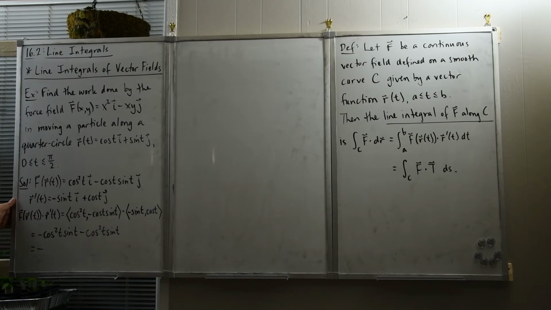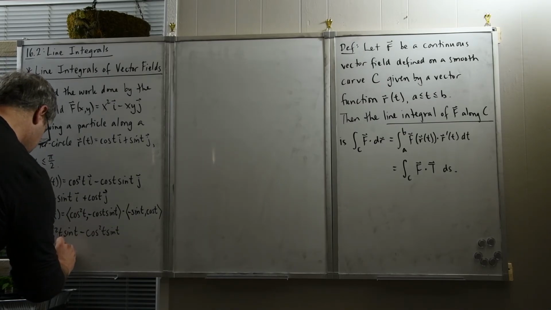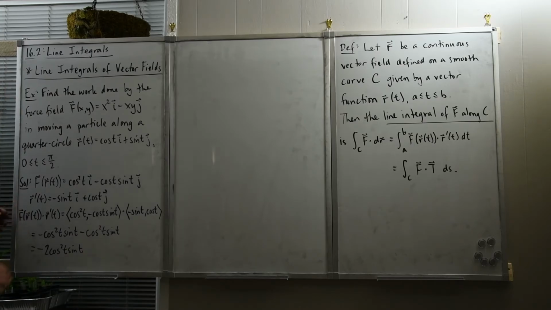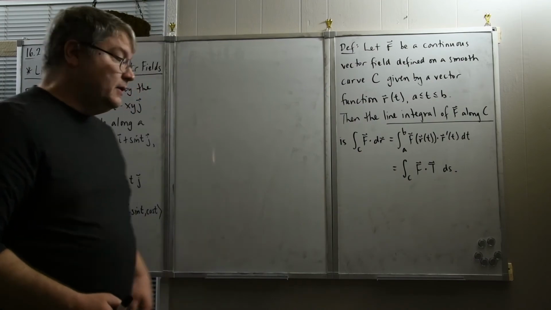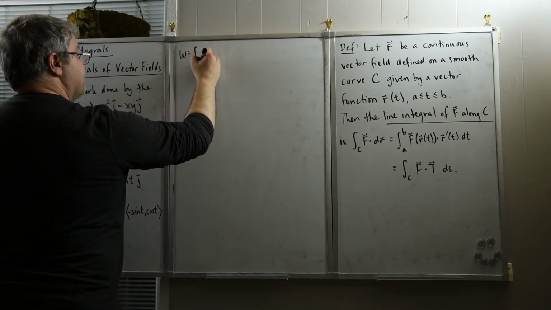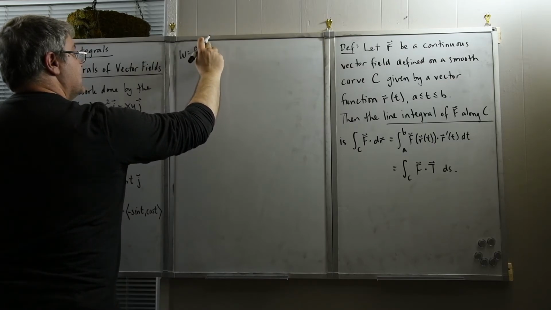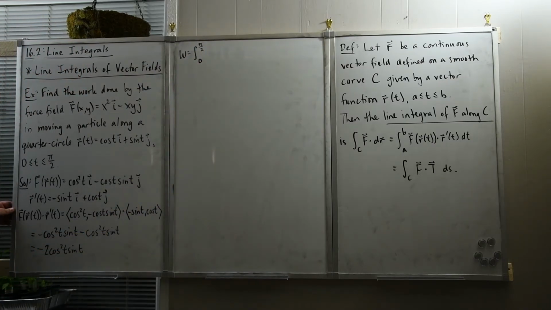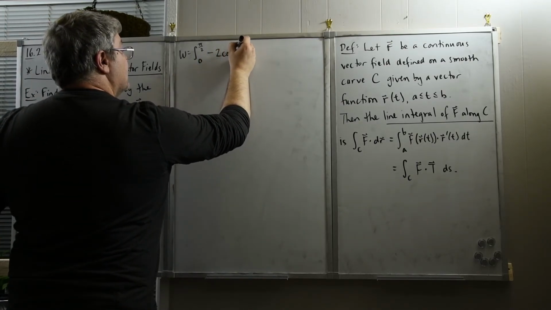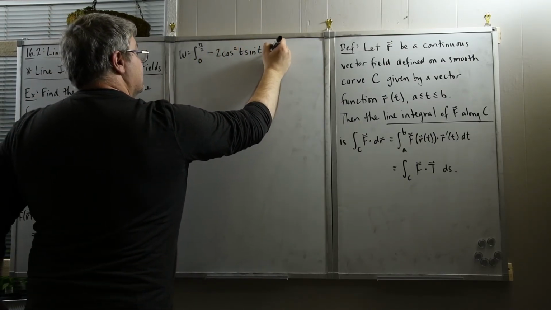So you put this together, and that gives you a negative 2 cosine squared t sine t. So this is what we're going to need to integrate from 0 to pi over 2 to get the work done. Let's go ahead and do that. So W is the integral from 0 to pi over 2 of negative 2 cosine squared t sine t dt.